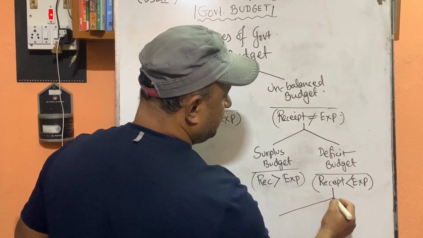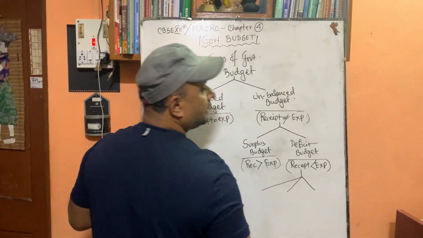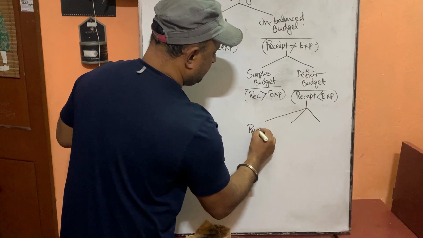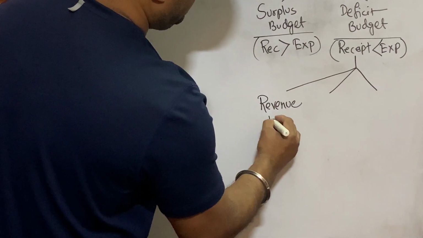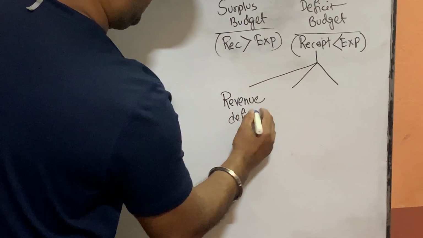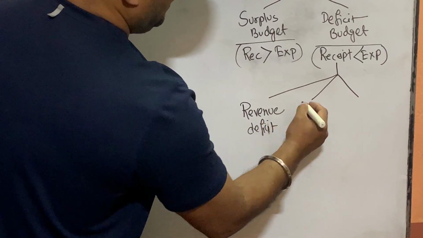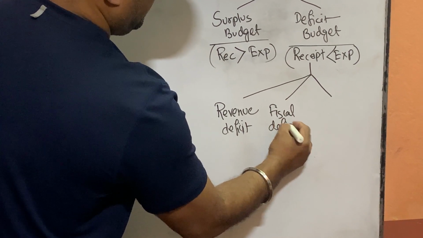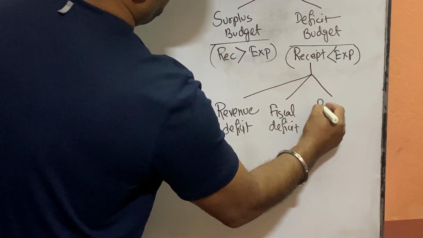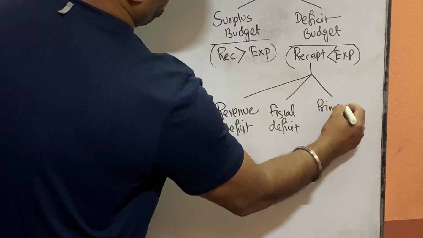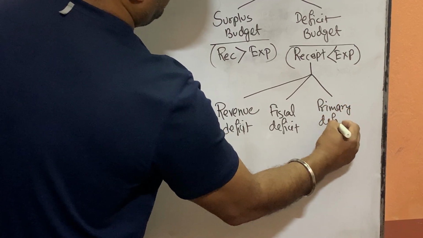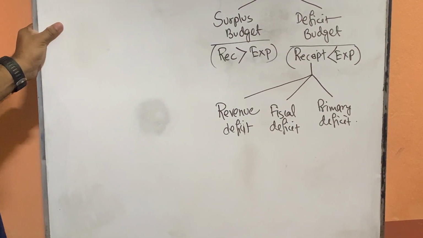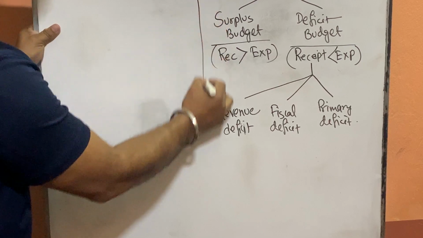Three types of deficit budget: revenue deficit, fiscal deficit, and primary deficit.